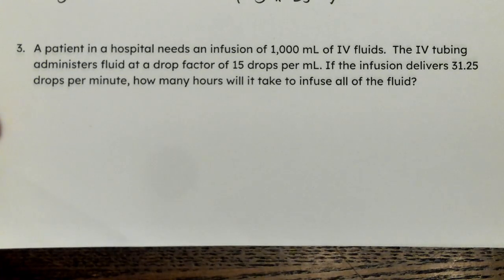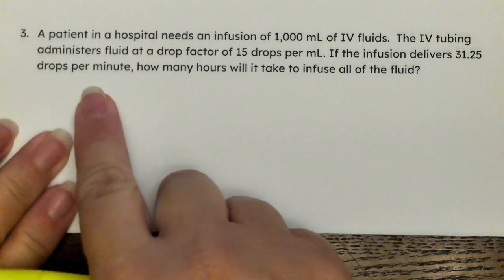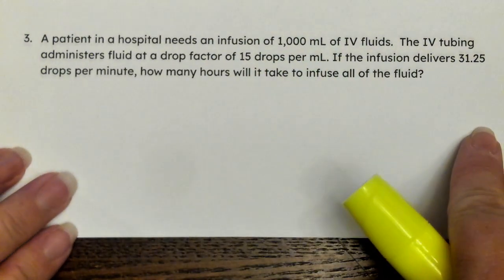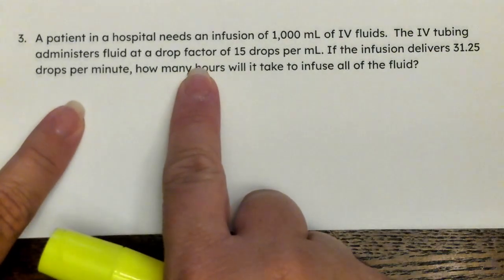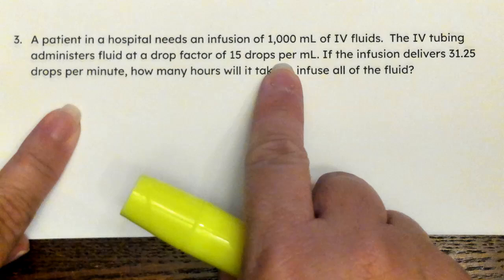All right, lastly, this one can look a little bit confusing, but we're going to do it exactly the same way. We don't have to understand all the jargon in the question. We just need to be able to pull it out and use it in the actual calculation. So, a patient in a hospital needs an infusion of 1,000 milliliters of IV fluids. The IV tubing administers fluid at a drop factor, don't know what drop factor is, but that is okay, of 15 drops per milliliter.